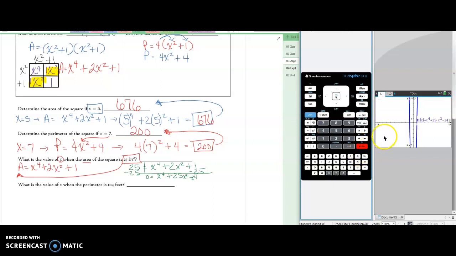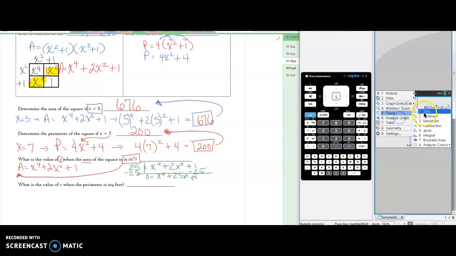Wow. All right. So if we're just looking for the real world stuff, let's analyze this graph. Let's look for our zeros. Click, drag, click. What did I do here? Did something wrong.